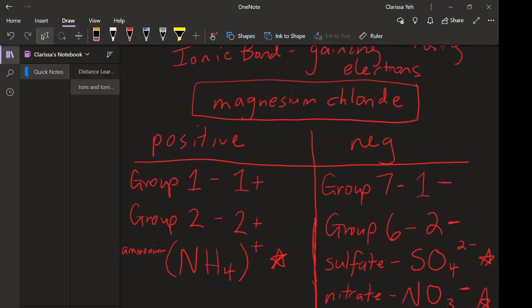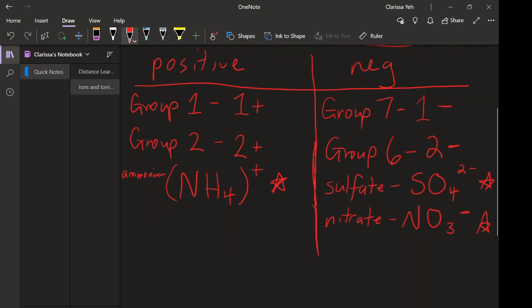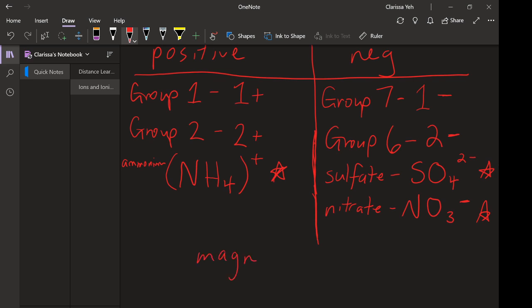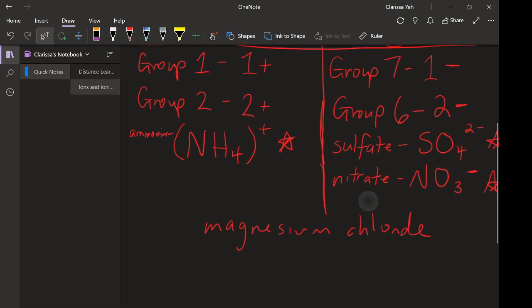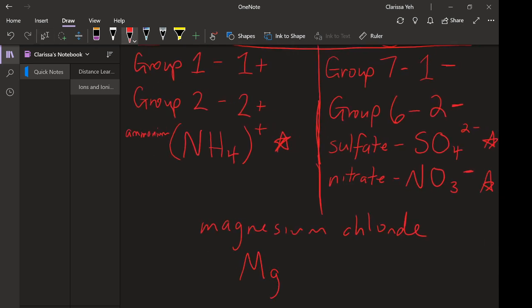So to go back to my example, magnesium chloride. If I look at my periodic table, I see Mg, magnesium is in group 2. Let me just rewrite it down here. So magnesium chloride. It's in group 2, so my magnesium is going to have a charge of 2+. My chloride, which is chlorine, is all the way in group 7, and group 7 has a charge of 1-, so it'll be Mg2+ Cl-.